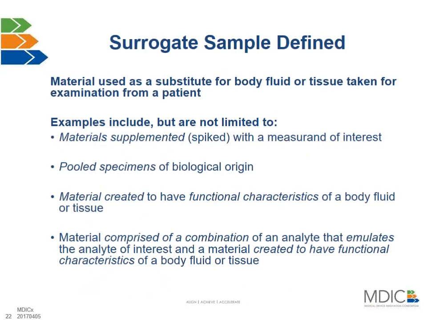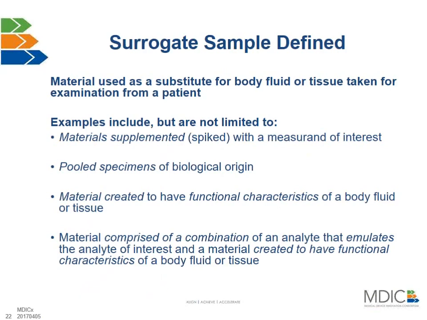So as noted in the draft framework, we aligned on the term surrogate sample and the following definition. A surrogate sample means material used as a substitute for body fluid or tissue taken for examination from a patient.